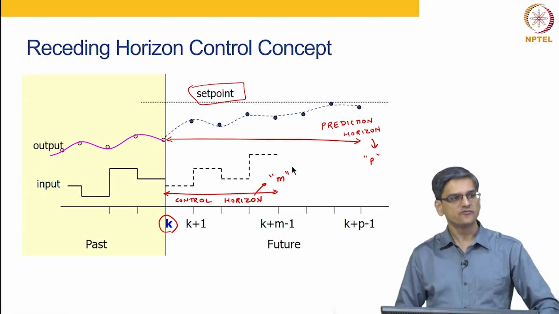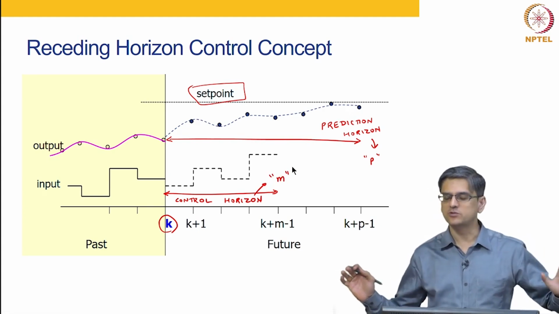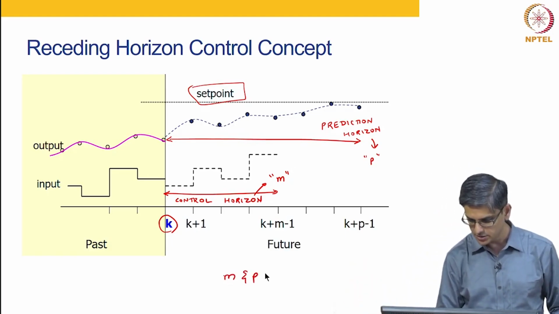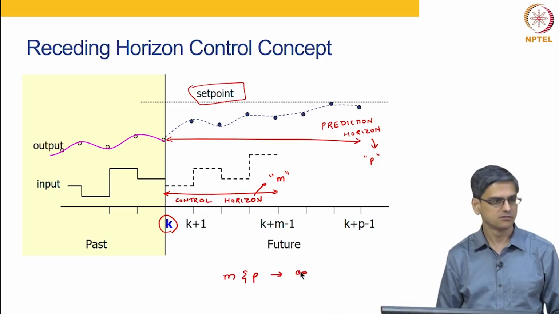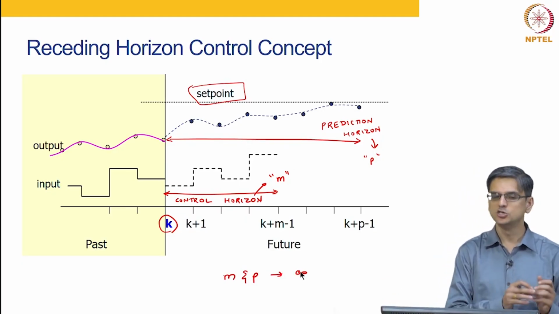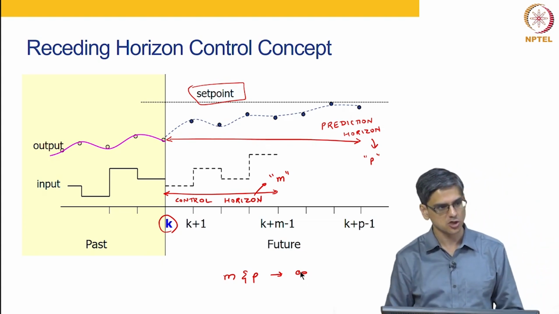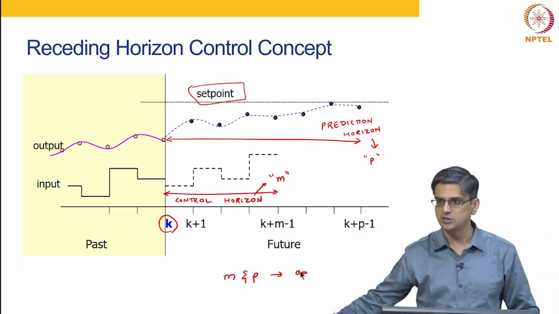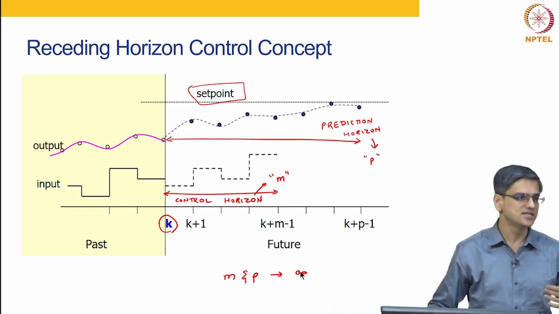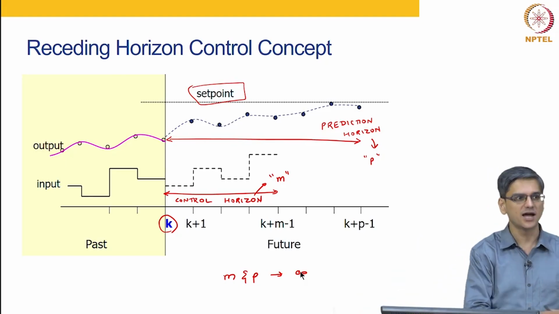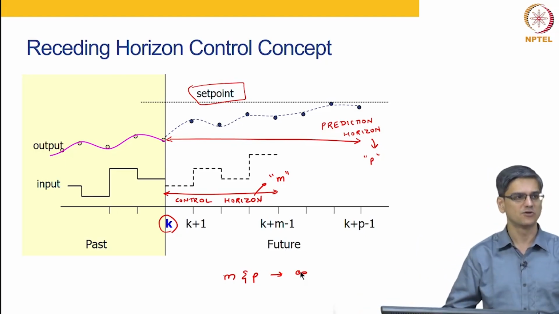If we have an infinite amount of computational resource, we would typically want M and P to be infinity. But we only have finite computational resources, so we have to be judicious about the choice of P. We want P to be as long as possible, but we want M to be reasonably long, that does a balance between performance and the computational requirements.